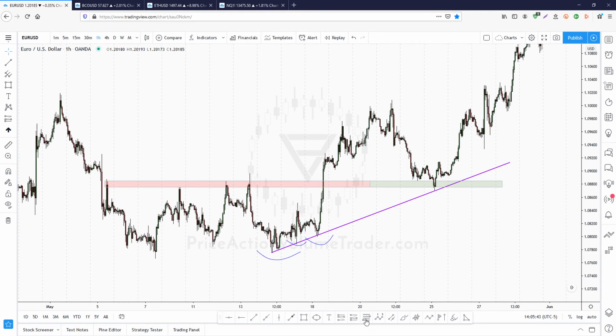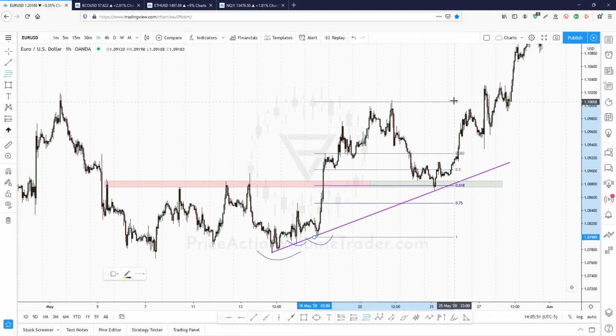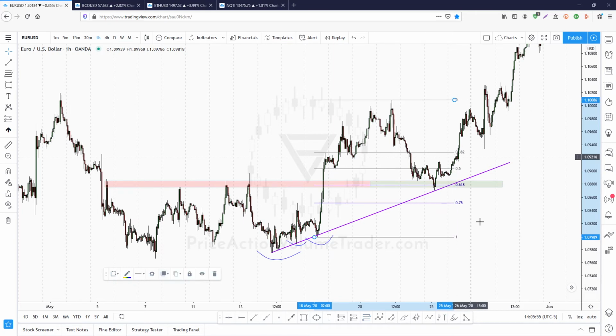And if you want to use Fibonacci's, well, you can even put a Fibonacci here from the last major swing low to here. And again, we can see pullback right again into the golden ratio, the 0.618.